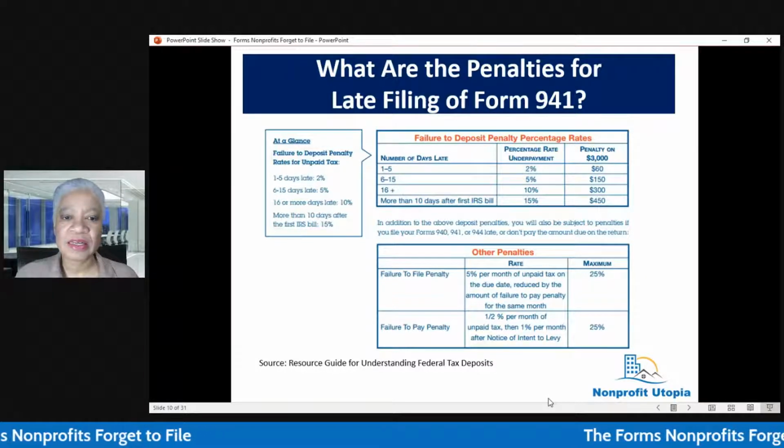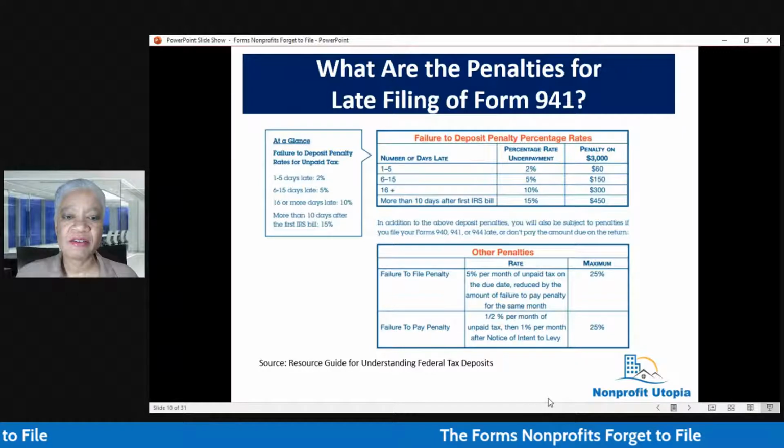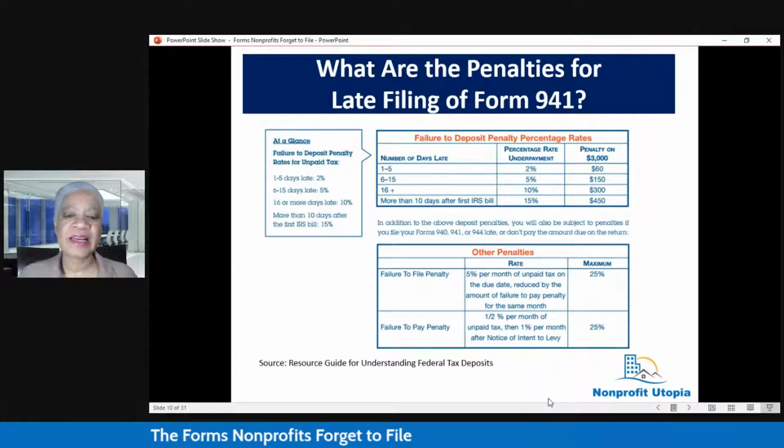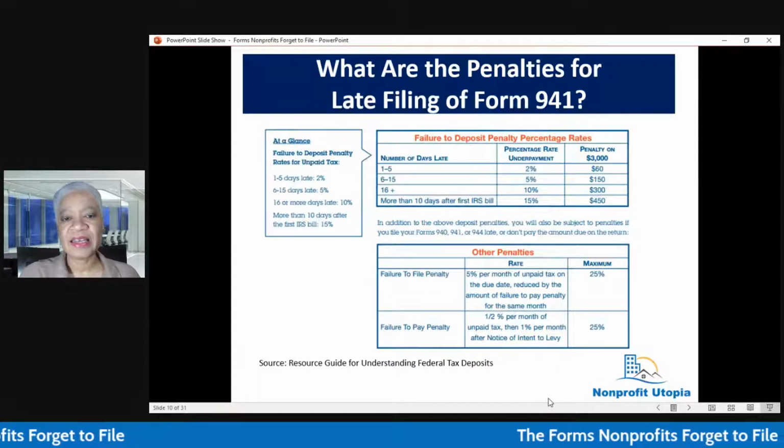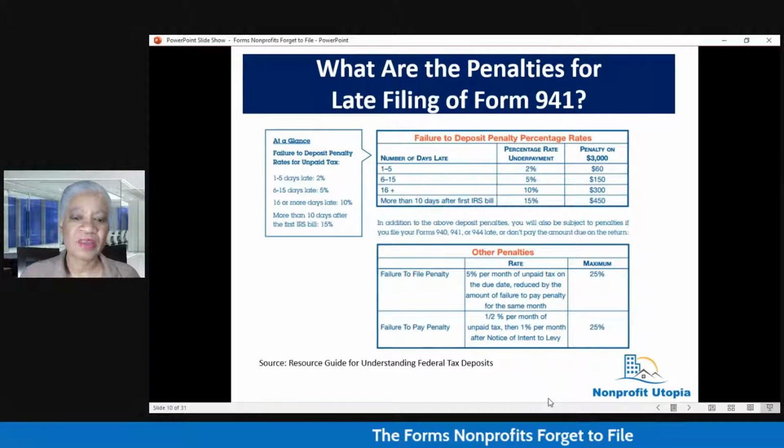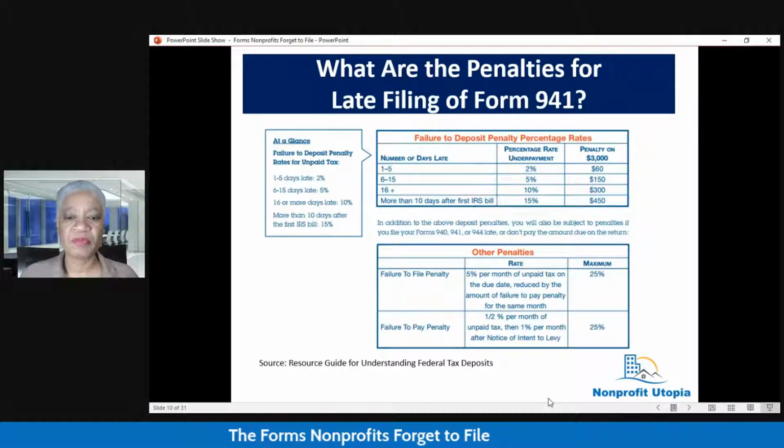And I've seen organizations make the mistake of saying, well, because they have the option, they could pay their withholding taxes at the end of the year, pay them all, and live off the rest of the year.